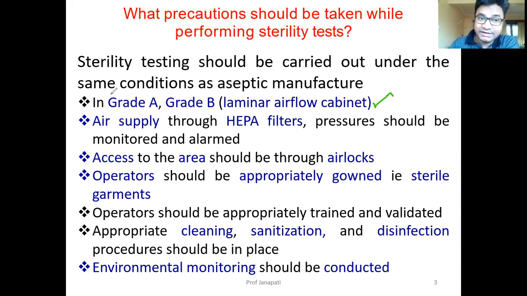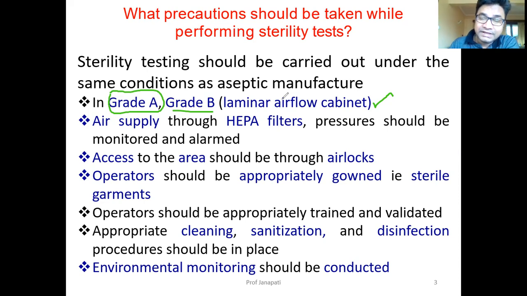Usually we tell in grade A room, or you can do the sterility test in grade B room, provided it has to be done in laminar airflow cabinet. Everyone knows what we mean by laminar airflow cabinet. Sterility test should be done in grade A room, or grade B room can be done in laminar airflow cabinet.